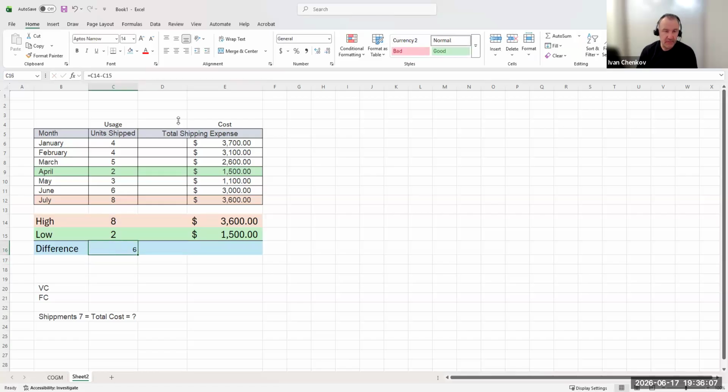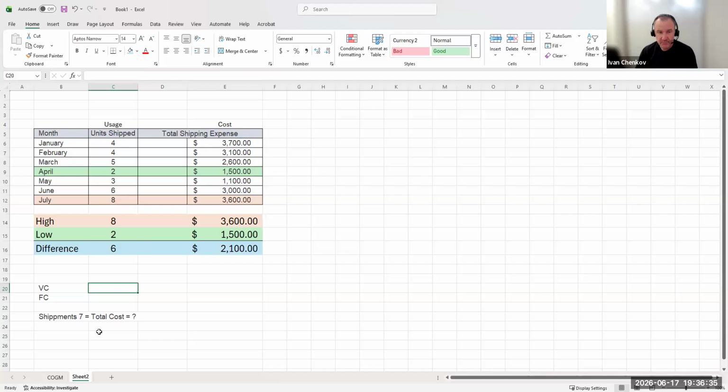That's going to give me 6. You have here 20. Let's move this one to 20 so we will be consistent, and put this one in the middle. And here I'm going to have the same calculation. My value here, 2,100, is the difference. So once I have the difference, I can easily calculate the variable cost.